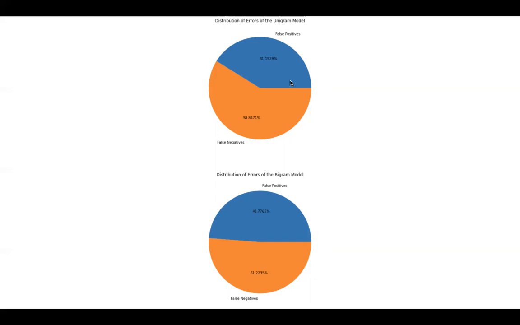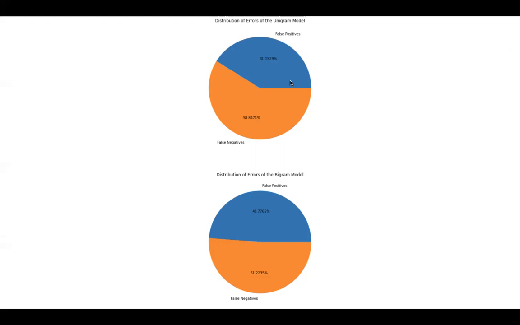Let's say it's a scenario where a miss is potentially dangerous. Then you want to minimize false negatives. So that's one example where you might want to minimize one of the false positives or false negatives.